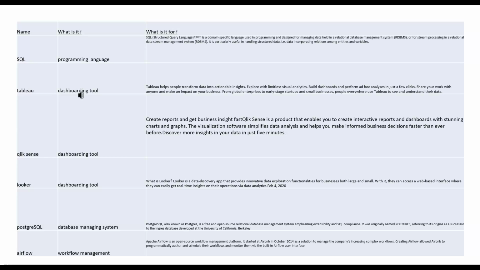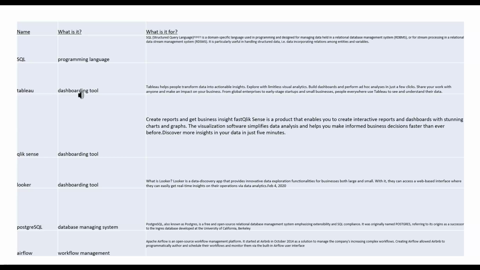It's used in programming and design for managing data held in a relational database management system, RDBMS, or for stream processing in a relational data stream management system, etc. And then you've got the dashboarding tools: Tableau, ClickSense, and Looker. He mentioned PostgreSQL. That was that elephant icon. It's another relational database management system.